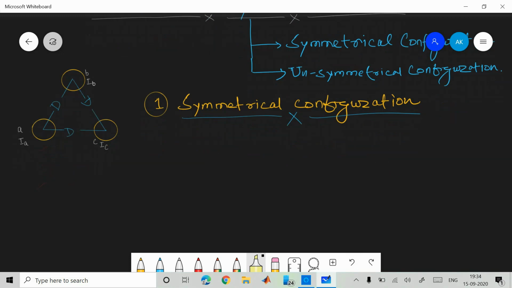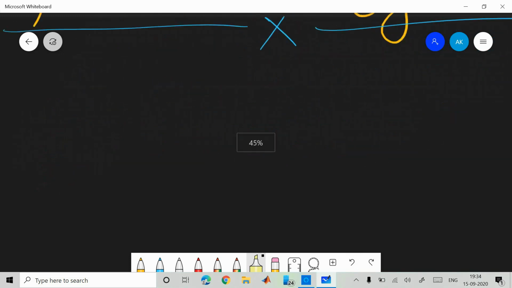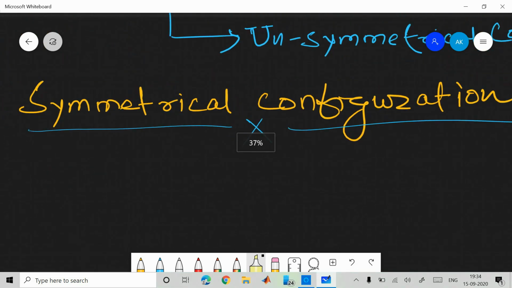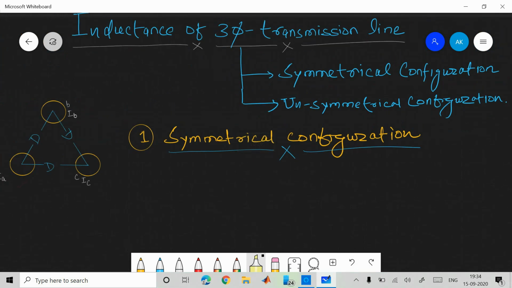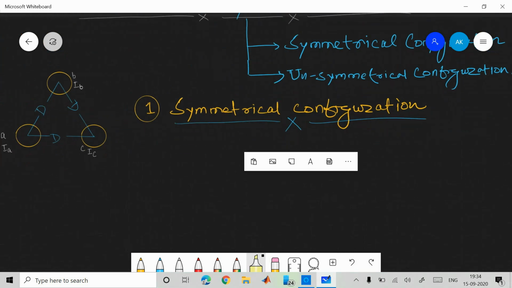Okay, so we have learned how to write the flux linkage in a composite conductor.